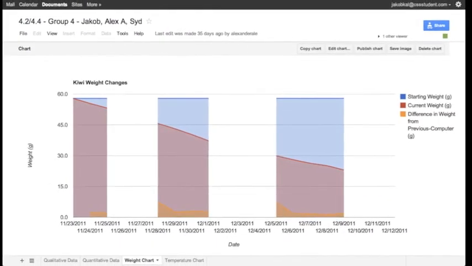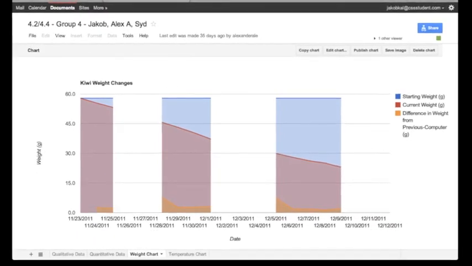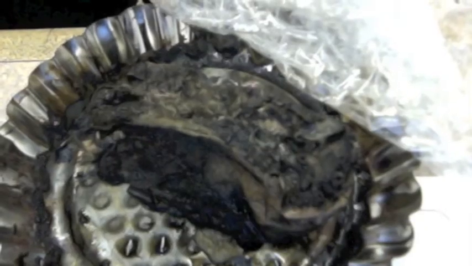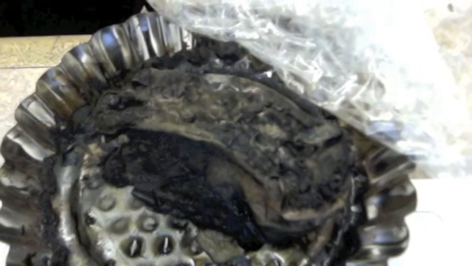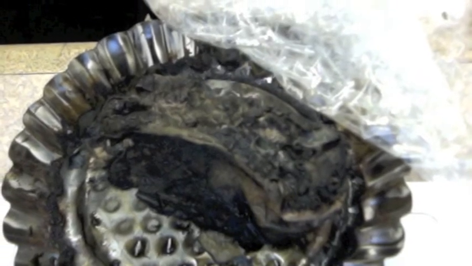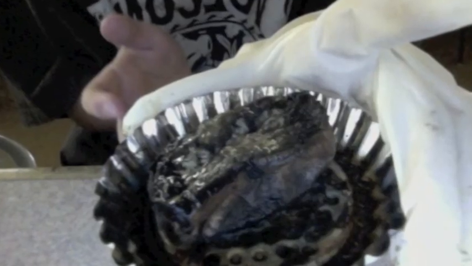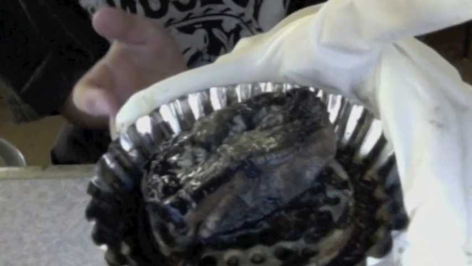We believed it would lose 2 or 3 grams over the weekend, and lose 1 or 2 grams every day. It actually lost more than that. We also didn't even consider that maggots would grow and live in our specimen, but by the end, there were lots of them, and even some fruit flies.